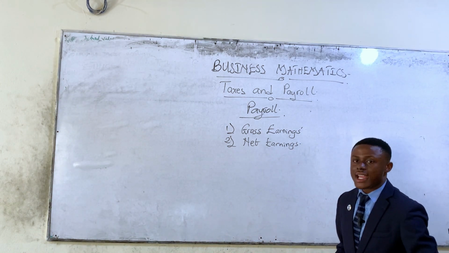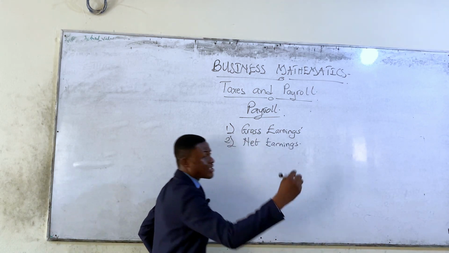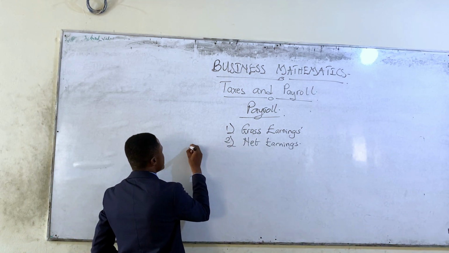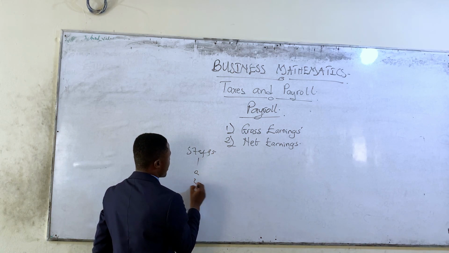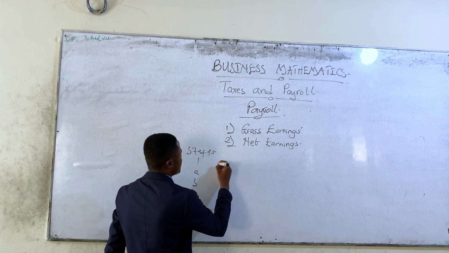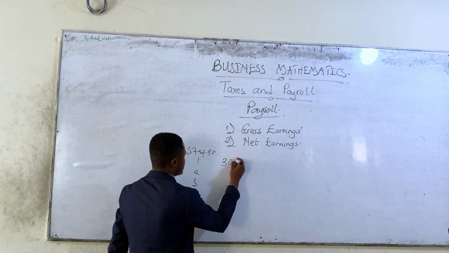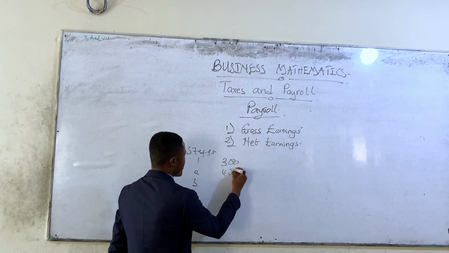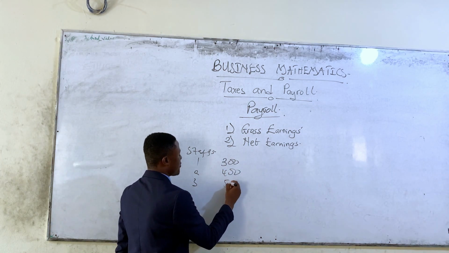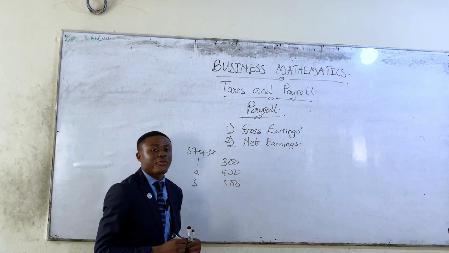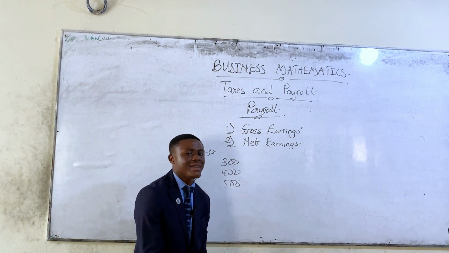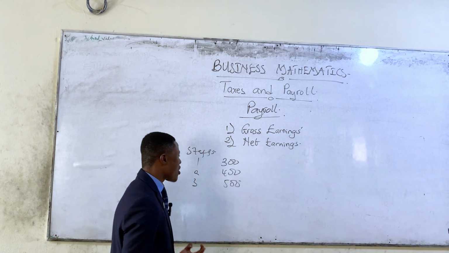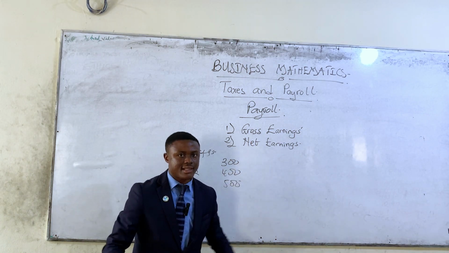Great. So in case we are having a list of staff, as I said earlier, staff 1, staff 2, staff 3, their income is, the first one is having 300 cedis, the second one is having 400, and the third one is having 500. So before deductions are made, the money that they receive as an income is called gross earnings.